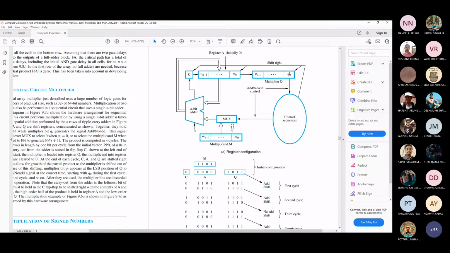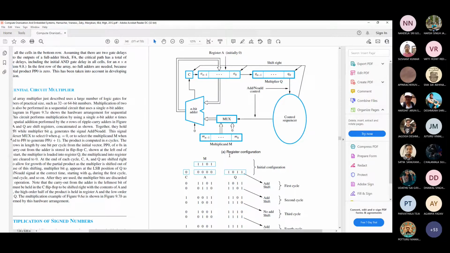If that bit is 0, then 0 will be added with the partial result. The partial result is basically the shifted result, because this is entirely the shift register. This n bit adder adds the n bit multiplicand with the most significant n bits of the partial result, stores it back and then shifts it. So this is basically a simple sequential multiplier circuit.